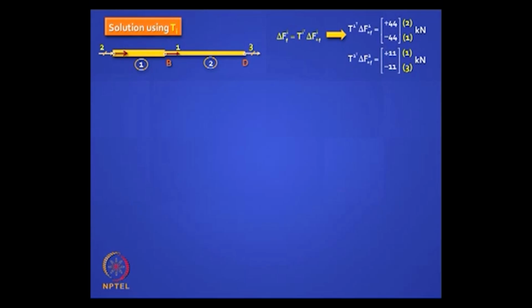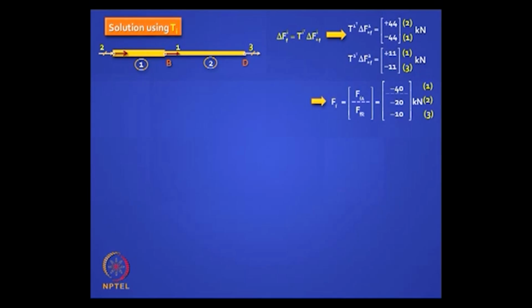Remember, the first element is linked with 2 and 1, the second element is linked with 1 and 3. So I think that this should be 1 and 3, right? And when you add it all together, you get 1, 2 and 3. Is it clear? You can also do it intuitively, you will get the correct answer.